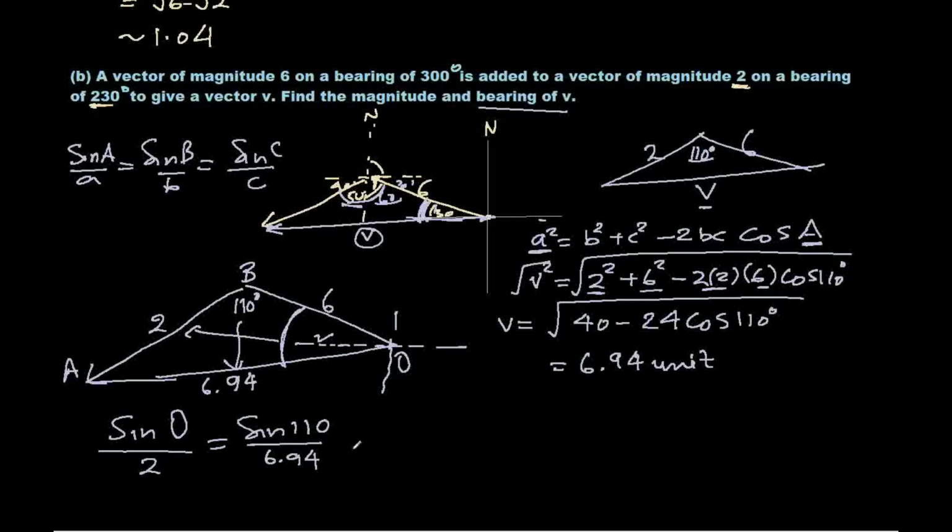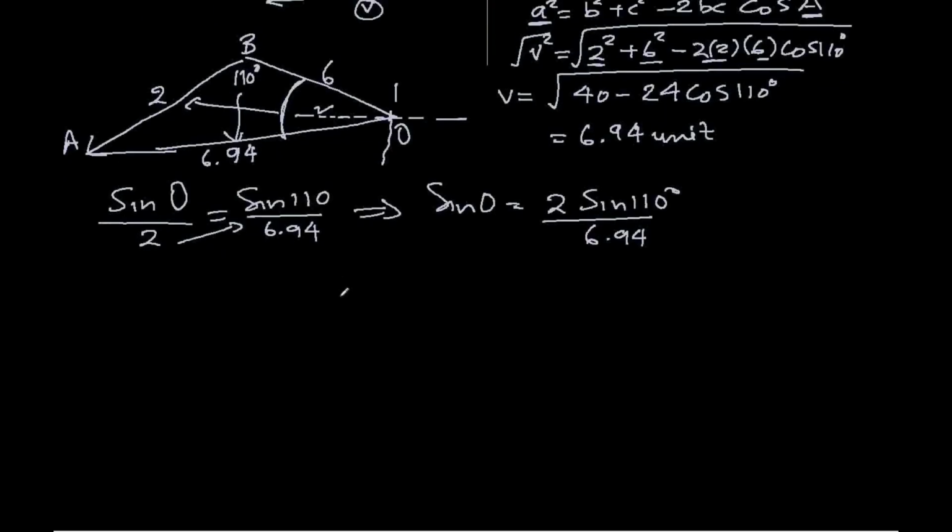So sine O, cross multiplying, is equal to 2 sine 110 over 6.94. And now I can straight away find the angle O. O will be sine inverse of 2 sine 110 degrees over 6.94.